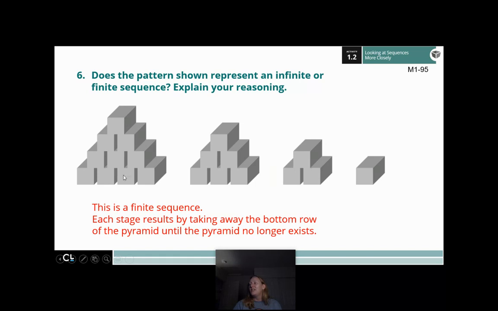Each stage results by taking away the bottom row of the pyramid until the pyramid no longer exists. And when it doesn't exist, we're done. I can't go forever because there are no more blocks to take away. So this would be a finite sequence.